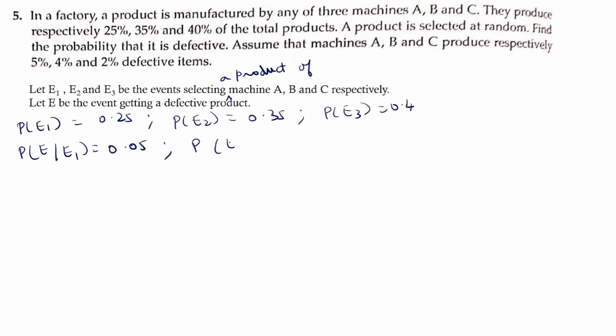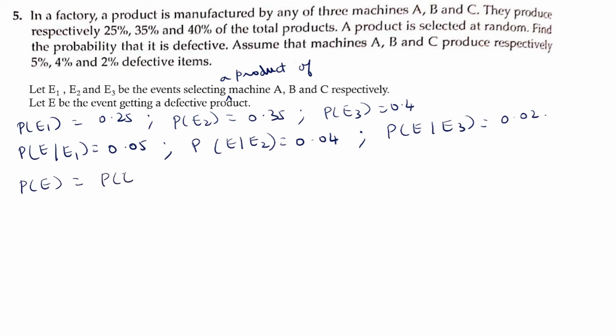Then probability of E given E2, that is for machine B, is 4%, so it is 0.04. And probability of E given E3 is 2%, which is 0.02. So we need to find probability of E.